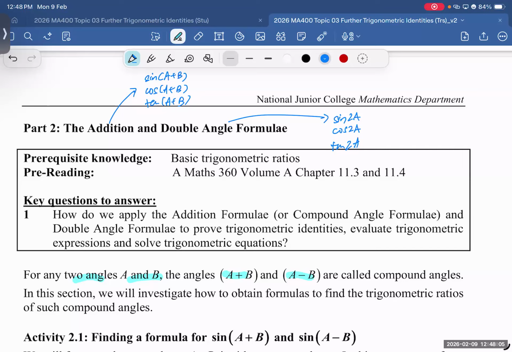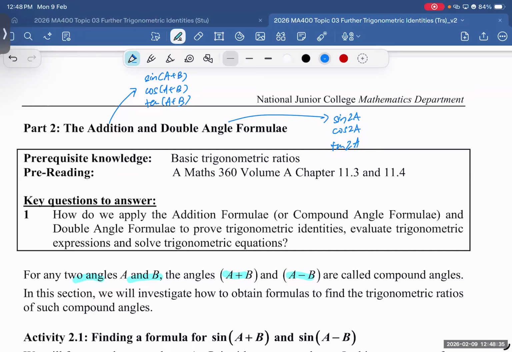If you give sine a plus, they will give you a plus. If you give sine a minus, they will give you a minus. If you have sine A minus B, they will also give you sine A cos B minus. Are you okay so far? So if this is a minus, this will also be a minus.